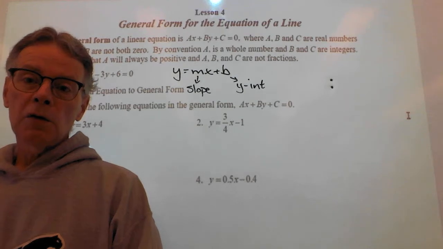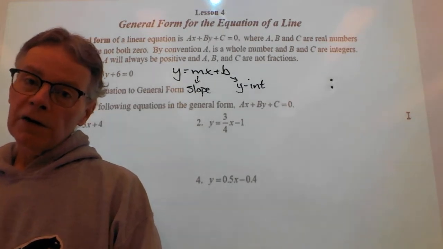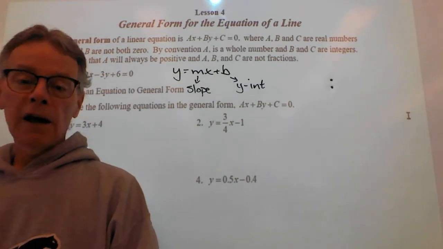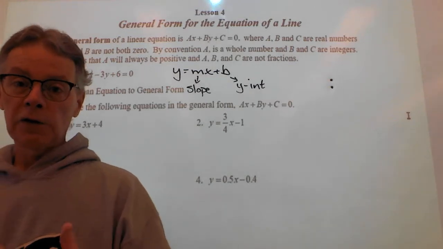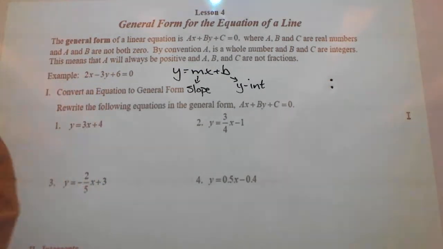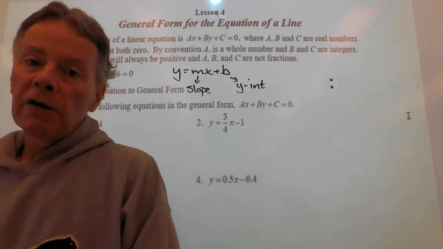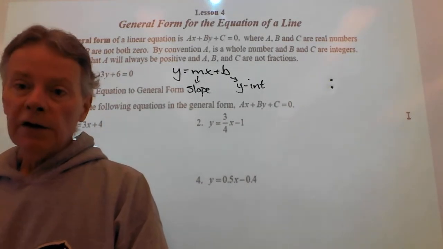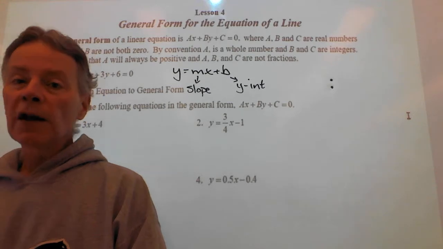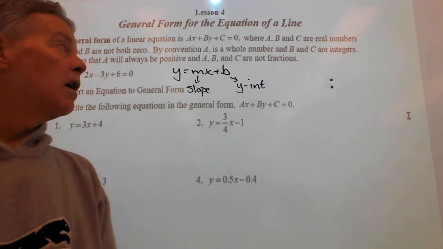Okay, so no mess, no fuss. All you got to do is look, and you've got those two important points. And remember that with those two important points, you can then go ahead and graph a line. So that's why it's very useful.